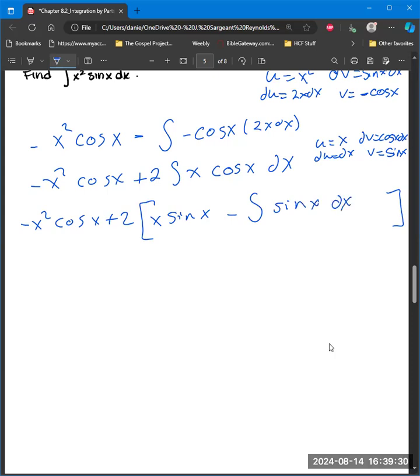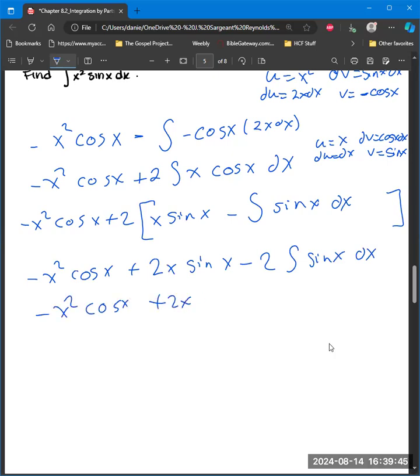So this is going to be negative x squared cosine x plus 2x sine x minus 2 integral sine x dx. Be negative x squared cosine x plus 2x sine x minus a negative, this is going to be a negative cosine x plus c.